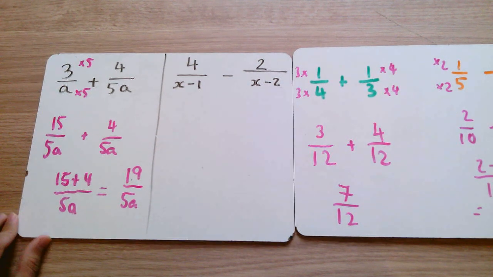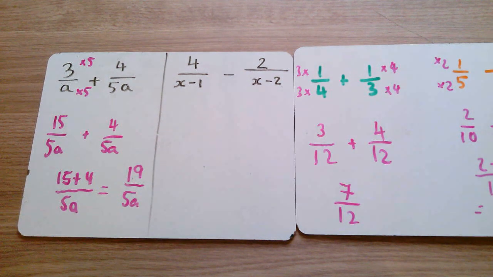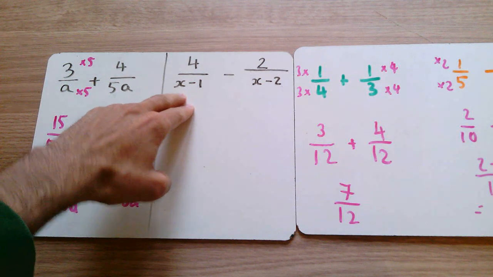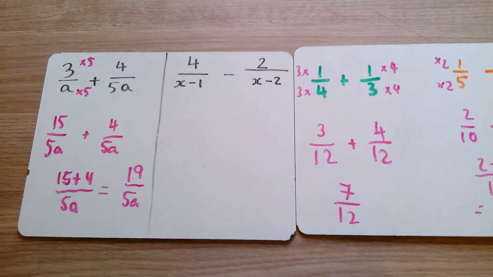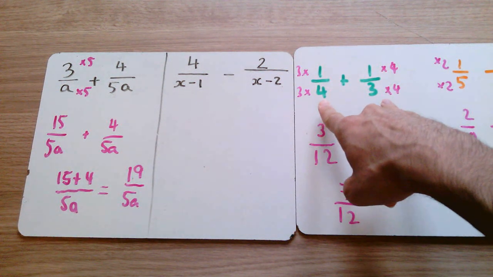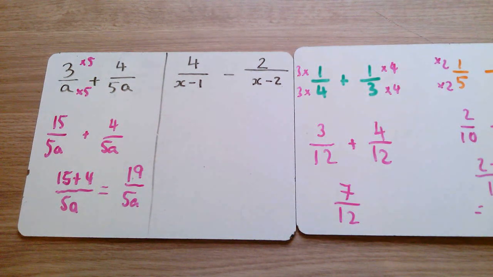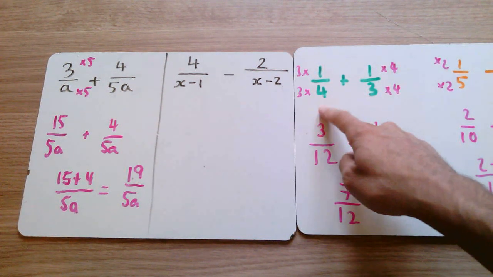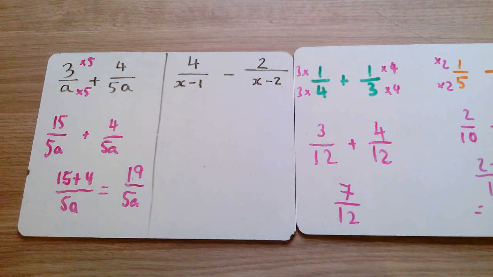Now, if we bring this to the example on the right-hand side, a little bit different over here. 4 over x minus 1 minus 2 over x minus 2. Now, we can see here this time round, there isn't a way that I can multiply this to make this. So in this sense, it's like we've got two denominators, and to get the common denominator, we just simply multiply them together.